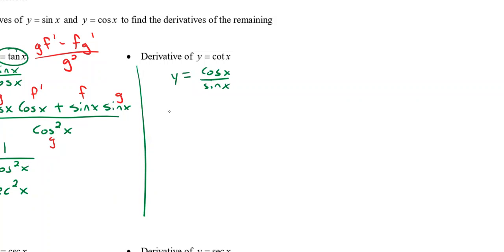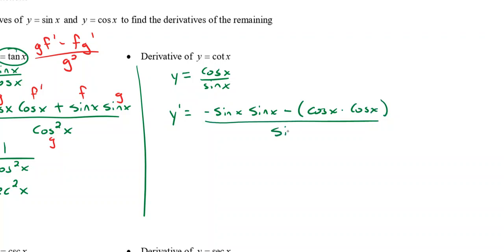Then that would become negative sine x times sine x minus cos x times cos x, all over sine squared x. Now if you want to write out the quotient rule again and see if that makes sense, go for it.